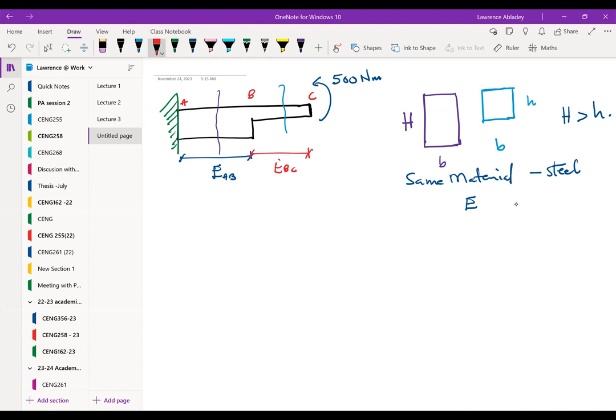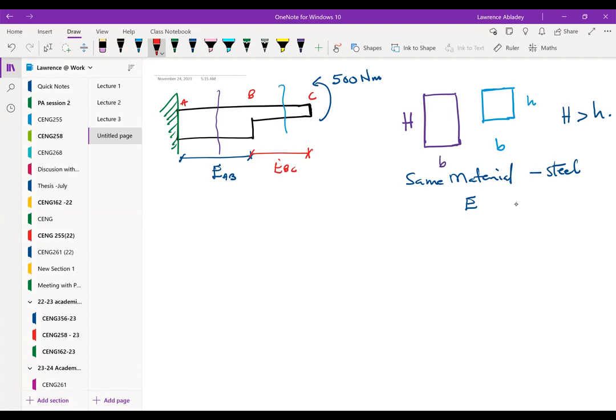For example, if AB was timber and BC was concrete, then they are different materials. We do composite design as engineers, where we combine different engineering materials together. But in this case, it's the same material.